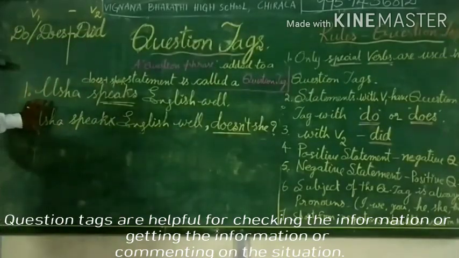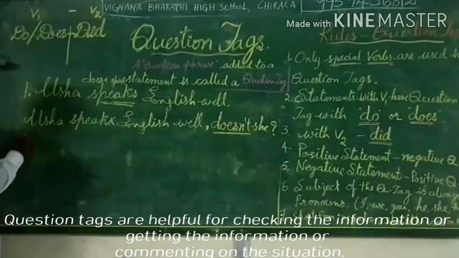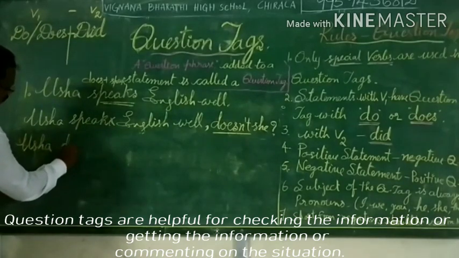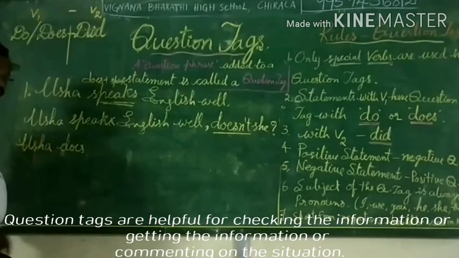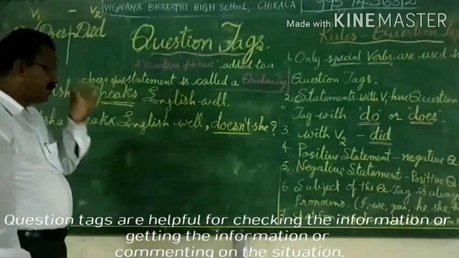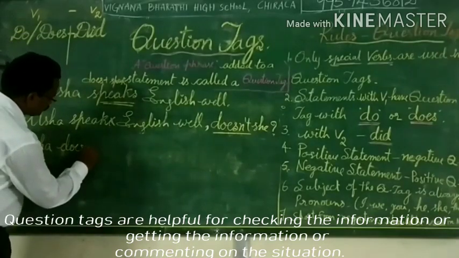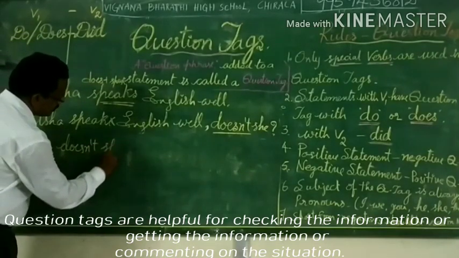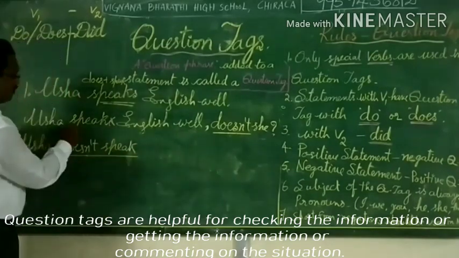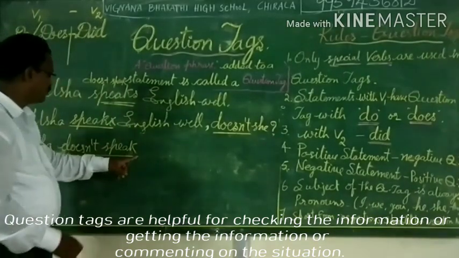Now we make this same statement in a negative sense. Usha does not speak good English, and we do something here, question tag in a different way. Usha doesn't speak. Sense is changed. Here negative sense. Usha doesn't speak.